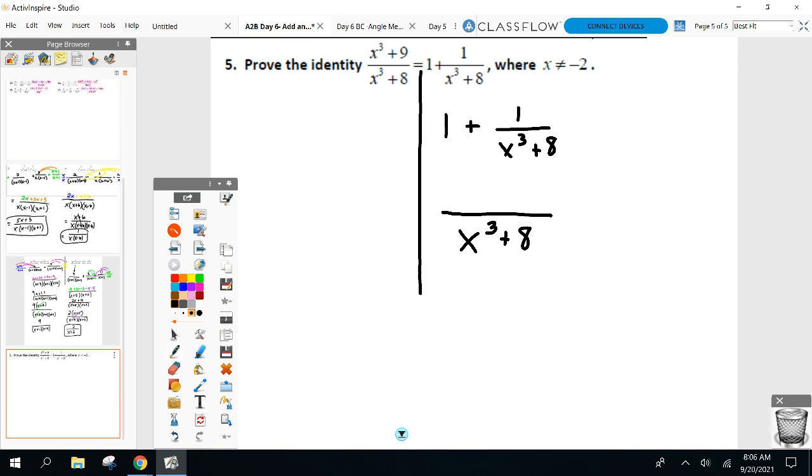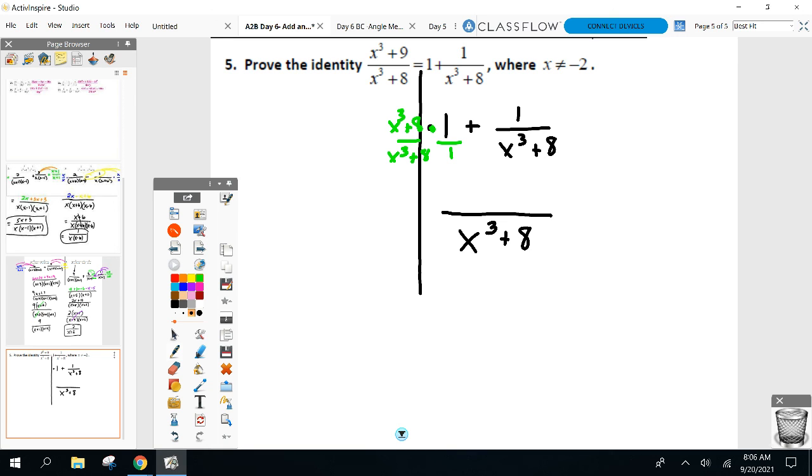All right. After we find a common denominator, we always go back to the original and say, what must I multiply by? So what must I multiply? Remember, this was a 1 underneath, you told me. So what do I have to multiply by? X to the third plus 8. So what's in my numerator now?